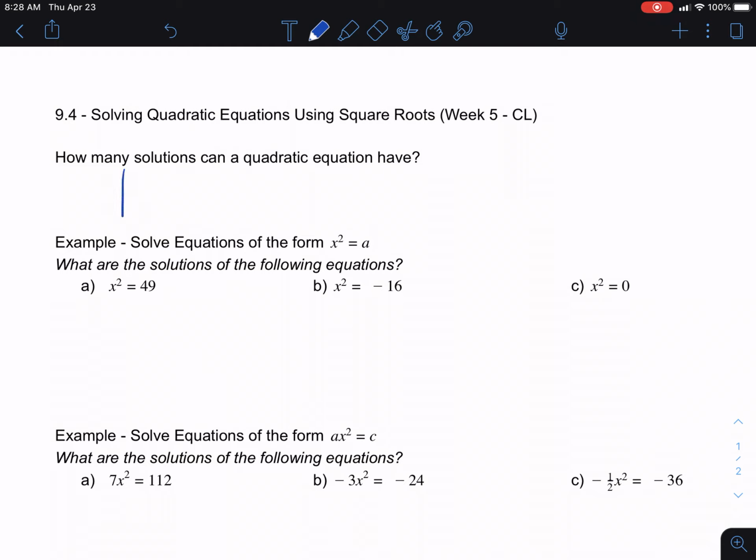Our first graph could be a parabola that touches just on the x-axis. That would be an example of one solution. We could have a parabola that goes through the x-axis twice, and that would give us two solutions.